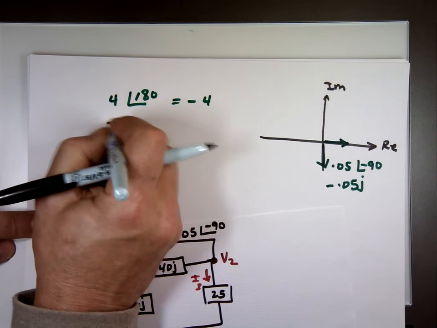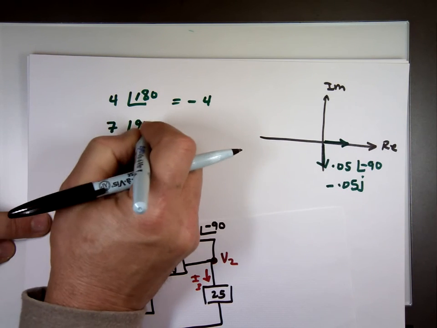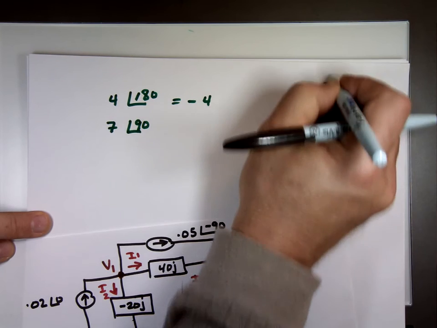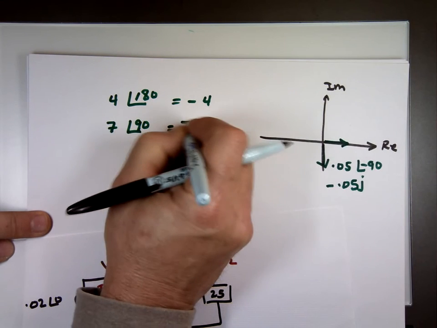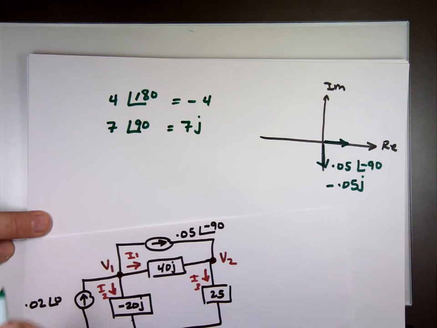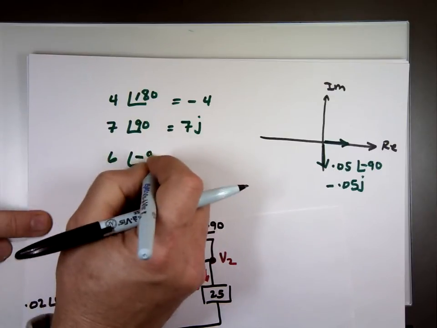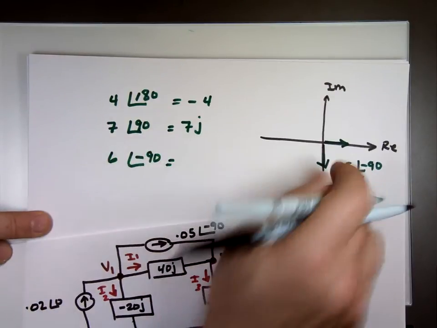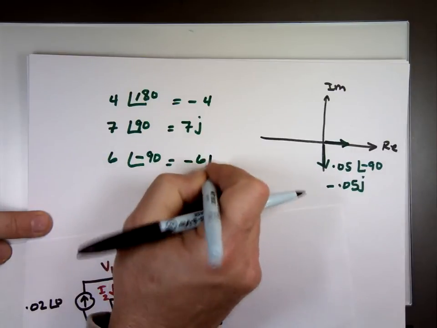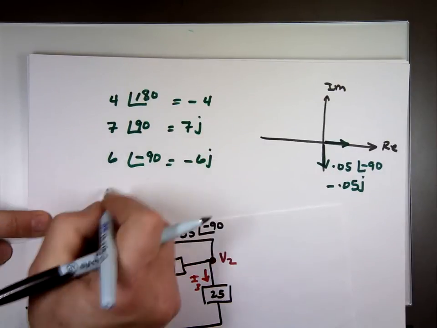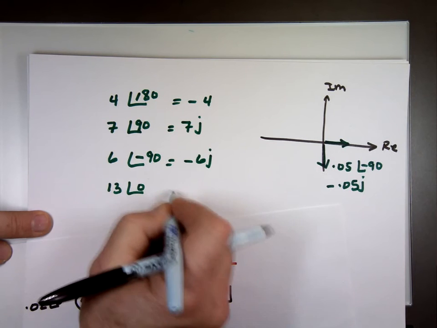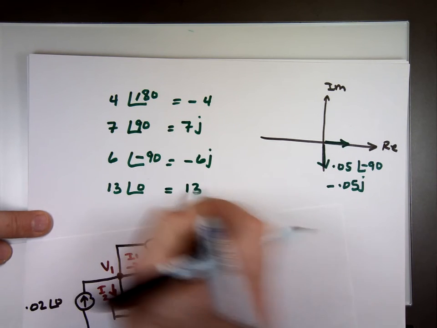If I have 7 angle 90 degrees, that's 7 units up pointing in that direction. That's 7j. If I have 6 angle negative 90 degrees, that's pointing down. That's negative 6j. If I have 13 angle 0, a lot of times you see me just write 13 because it's in the real value.